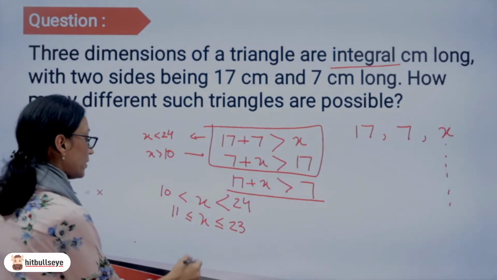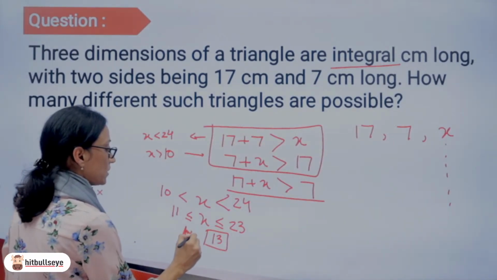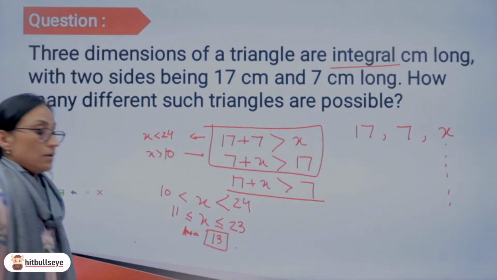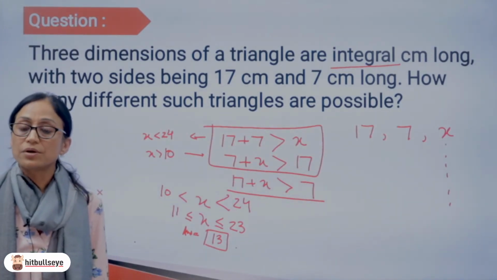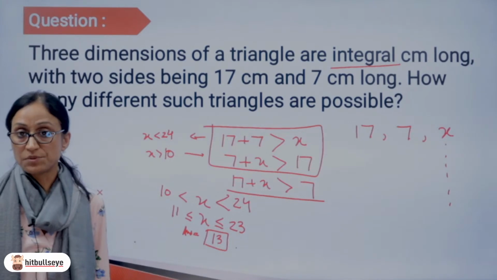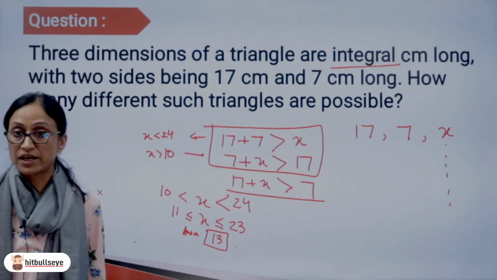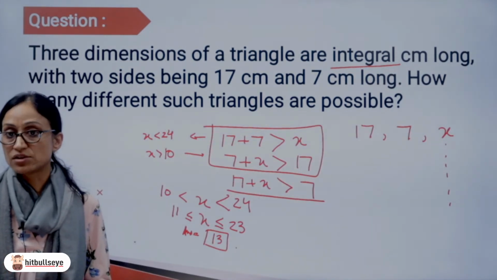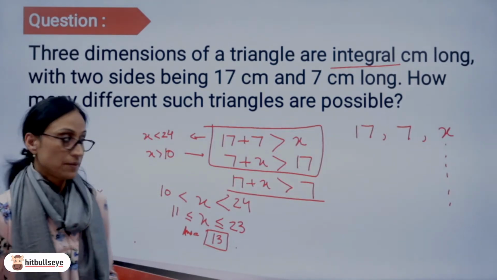So that's going to be 13 such triangles. So the answer is 13. Again, a very basic question that talks about the number of triangles possible based on the same important information that sum of any two sides of a triangle is always greater than the third side.